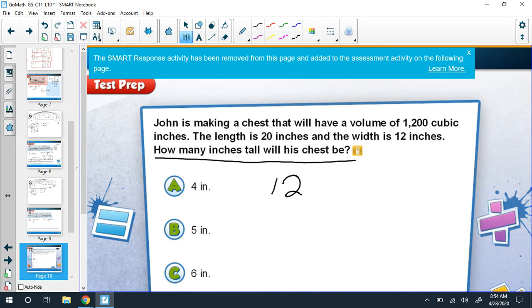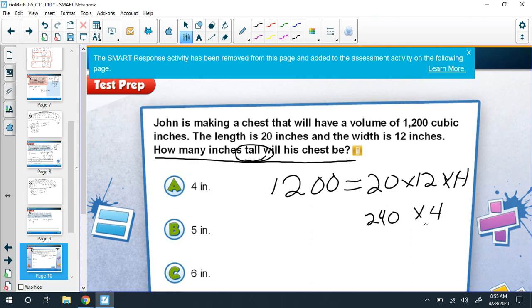Right, so in this case, again, we're not needing to factor numbers. We're not needing to do any of that. All we need to do is figure out how tall it will be. Well, we know that volume is 1,200. We know that the length is 20, the width is 12, and we need to find the height, right? So 20 times 12 is, well, 12 times 2 is 24, and times 10 is 240, times the height.